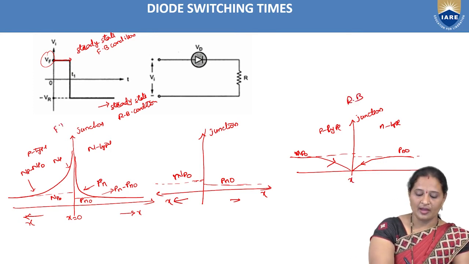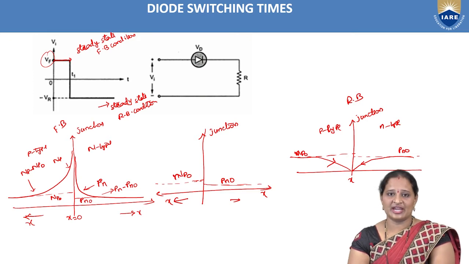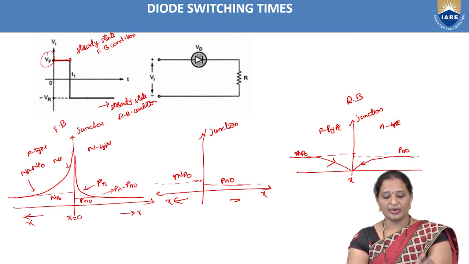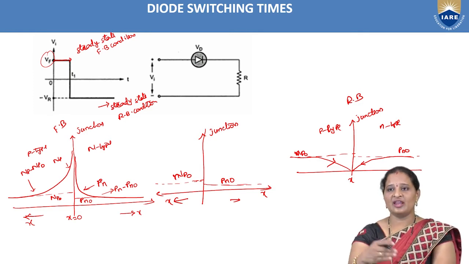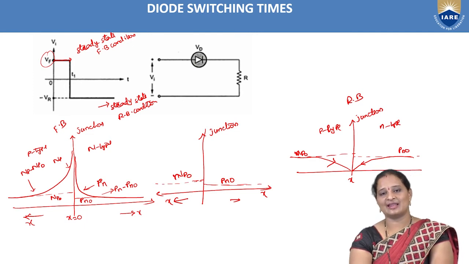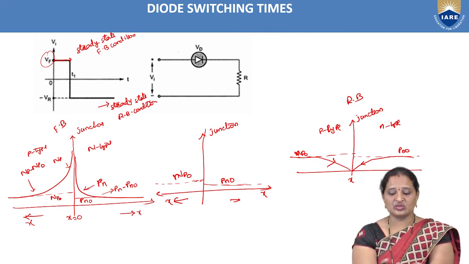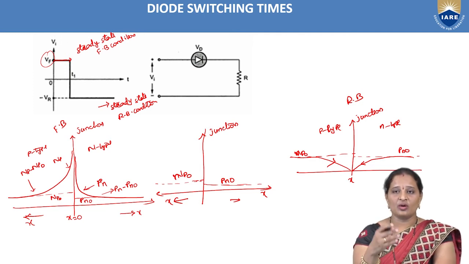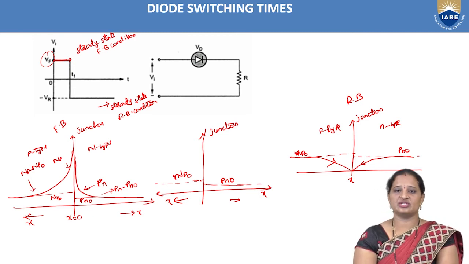Whenever there is an abrupt change in the input voltage from positive to negative, the diode will not directly change its state from on to off, because first it has to go to the equilibrium state, then to the reverse bias, and then to a steady state reverse bias condition. So this entire process requires some time to remove the excess minority charge carriers near the junction when the reverse voltage is applied to the diode instantaneously.